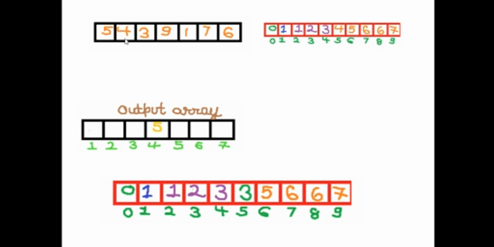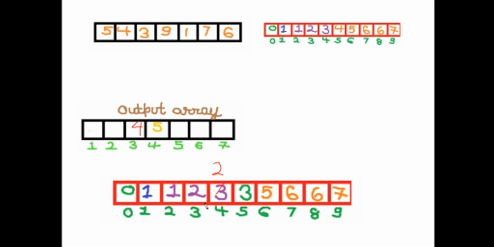Next element we are going to pick is 4. At the fourth index in the count array we have 3. So we'll put 4 at the third position in the output array. And also we'll decrement its counter by 1. Next element is 3.